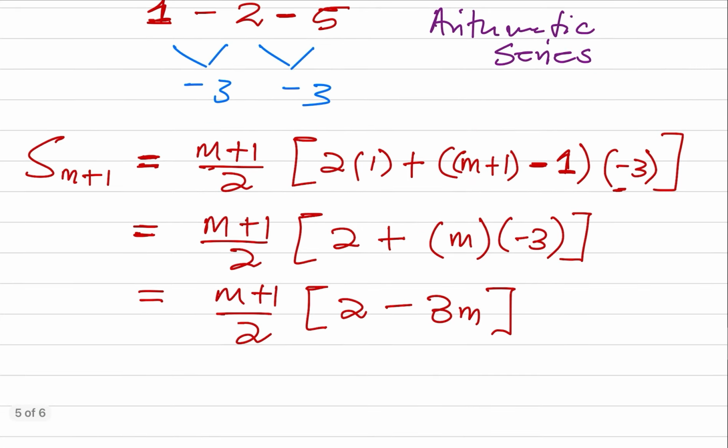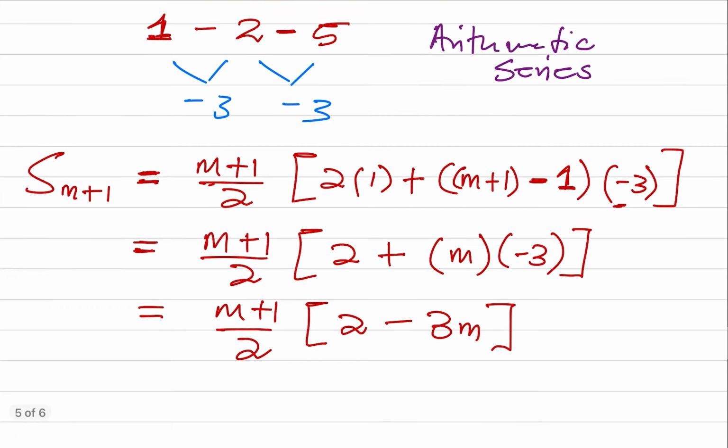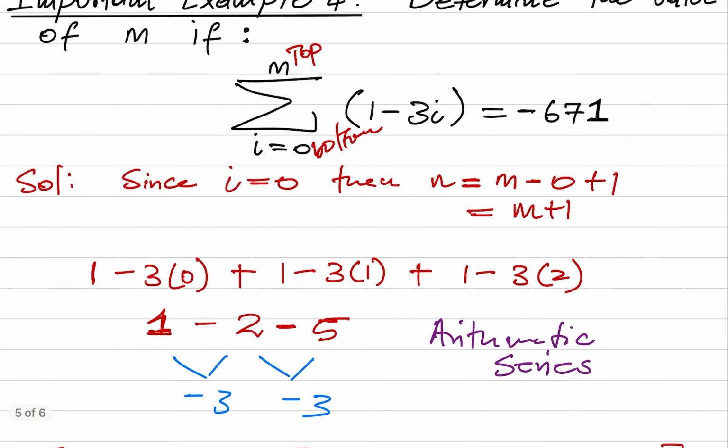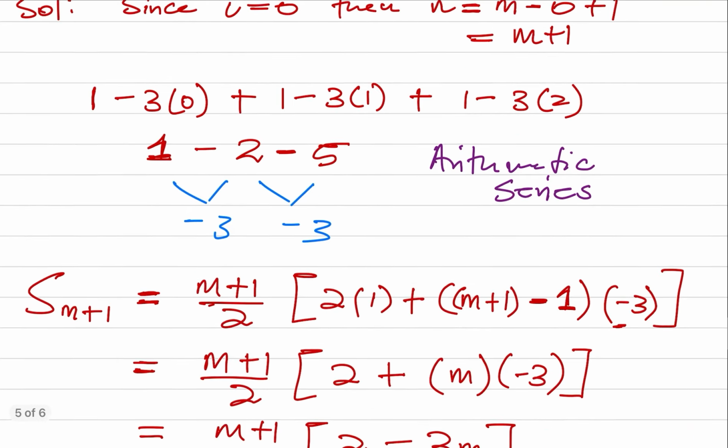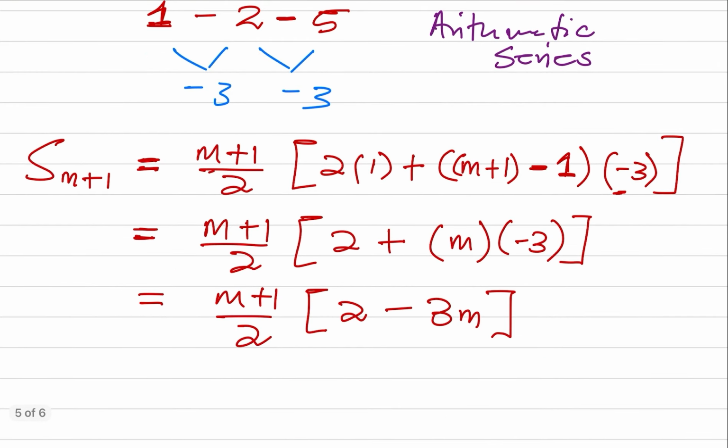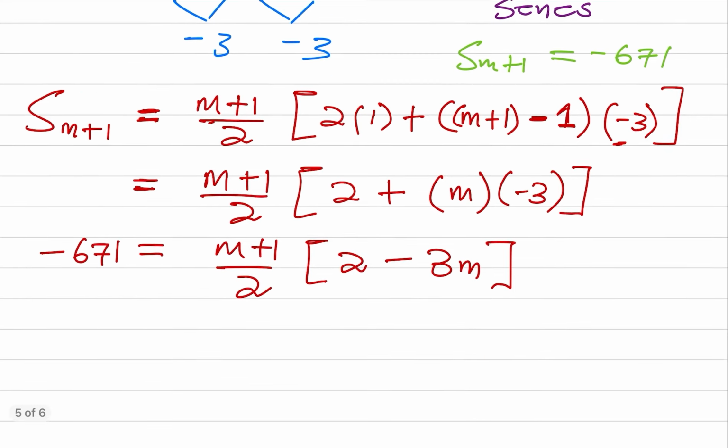We know that the sum of m plus 1 terms, S m plus 1, is equivalent to this number. So that means S m plus 1 equals negative 671. So we will substitute that here. We have negative 671, and we will multiply both sides by 2.